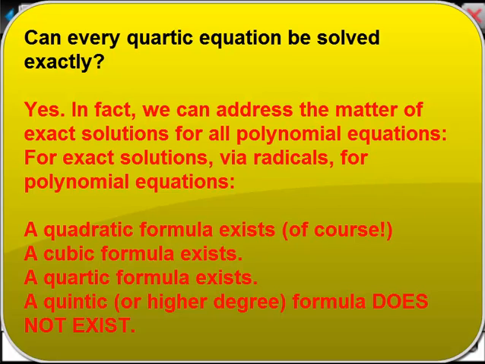However, it's kind of interesting to find that for the quintic equation or fifth degree equation, no general formula in terms of radicals exists. So the second degree, third degree, fourth degree polynomial equations all have exact solutions available. From the fifth degree on, no, you're not assured of that any longer. Kind of an interesting result of algebra.